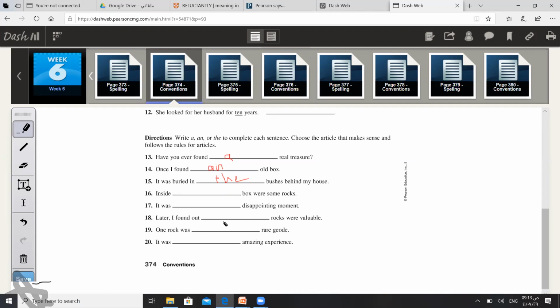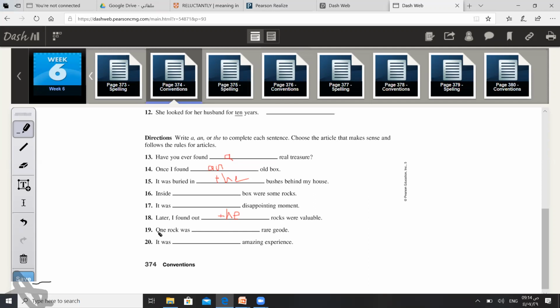I'm saying to you that those rocks were valuable, the rocks were valuable for me. So "the valuable rocks." Okay.